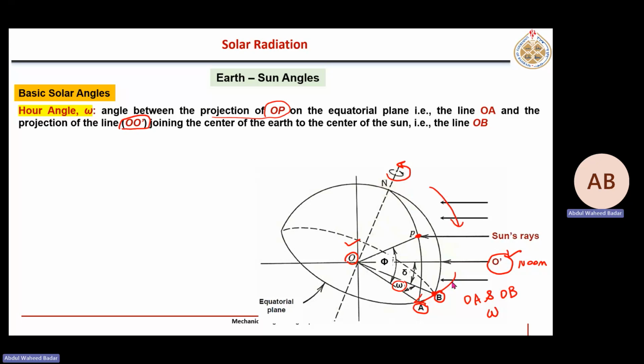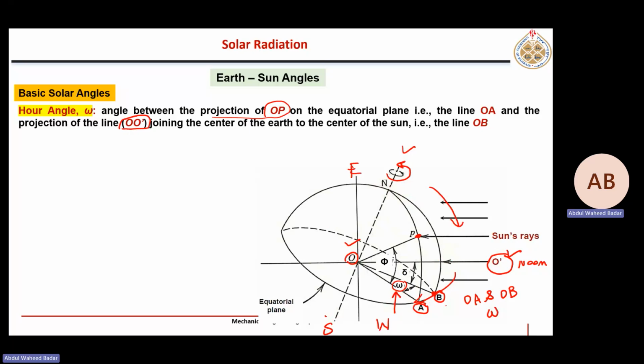So this omega actually represents the angular displacement of the sun with respect to east, because here we have east to west direction, as that is how it is rotating from east to west, about the north to south axis.